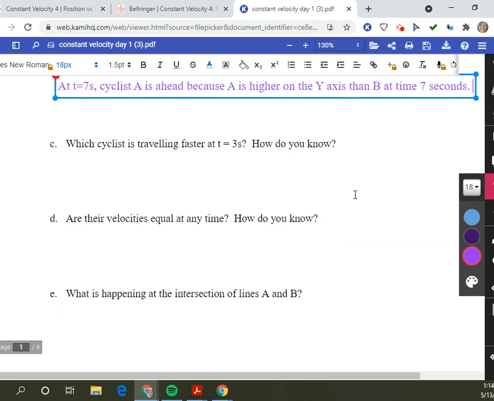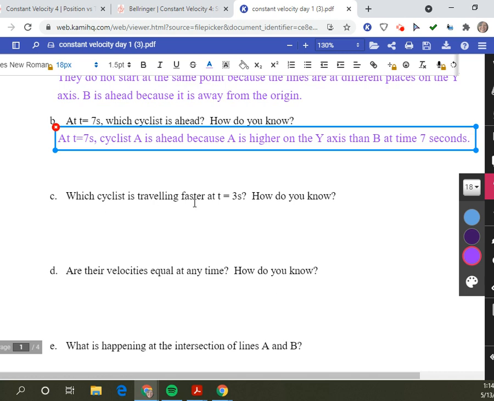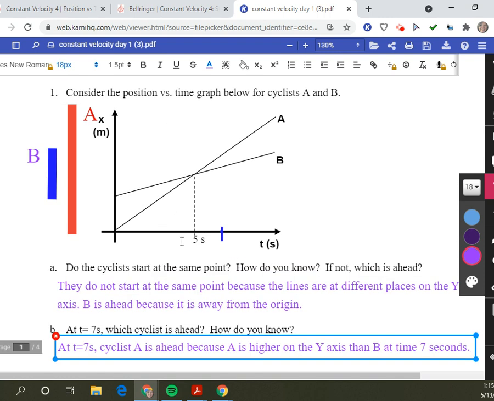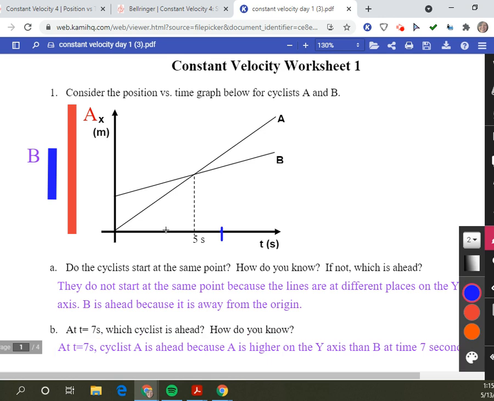All right, so let's look at C. Which cyclist is traveling faster at t equals 3 seconds? How do you know? Same concept with 7 seconds. This has to be 3 seconds over here, so we'll put a little mark here. Which bicyclist is going faster? Well, first of all, did either one of them change speeds throughout this graph?